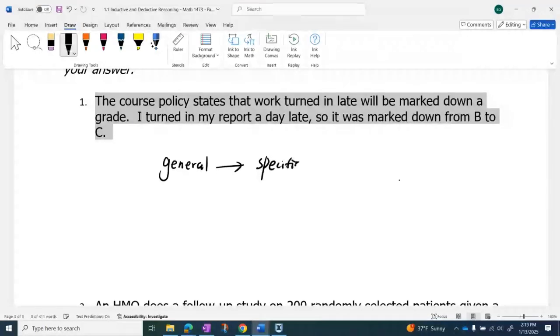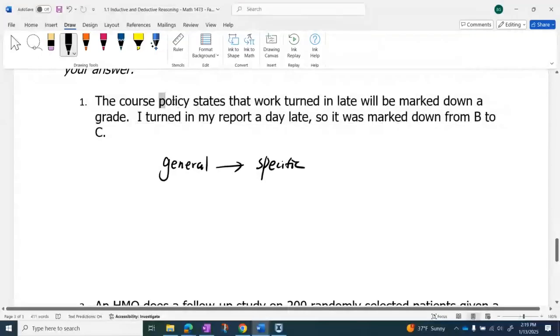The general is the policy. The policy applies to everybody, all the students in the class, right? Anyone who is late in turning in the assignments will have their assignment marked down by a grade. And the specific is you, here in my report, I. Specific is one person. I turned in my assignment one day late, so it's marked down from B to C. So from general to specific, this is a deductive reasoning.